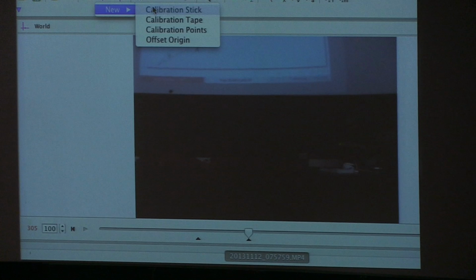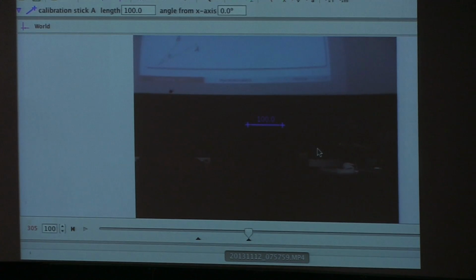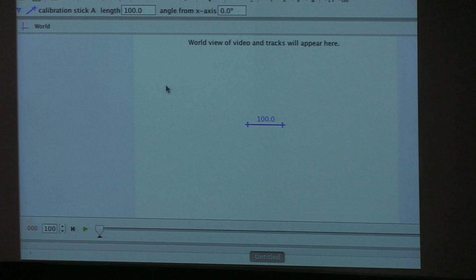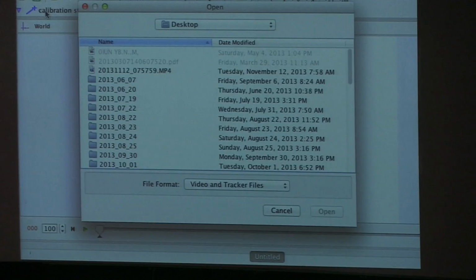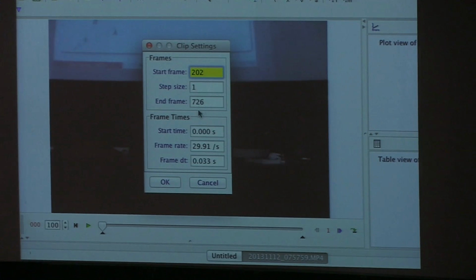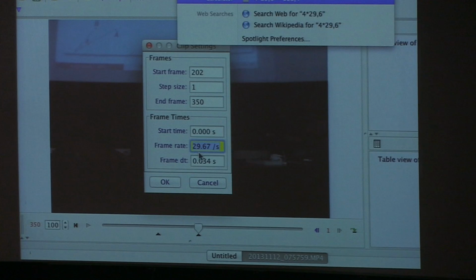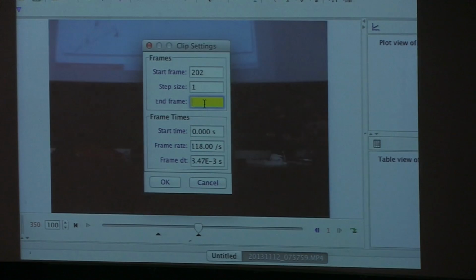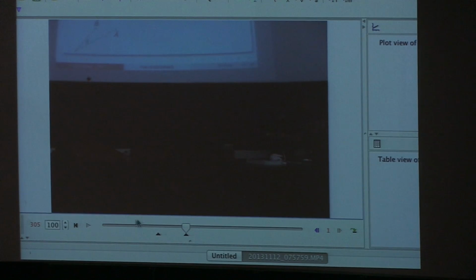Now you will see what your ruler did. So let's just take the, it's almost invisible. Okay.